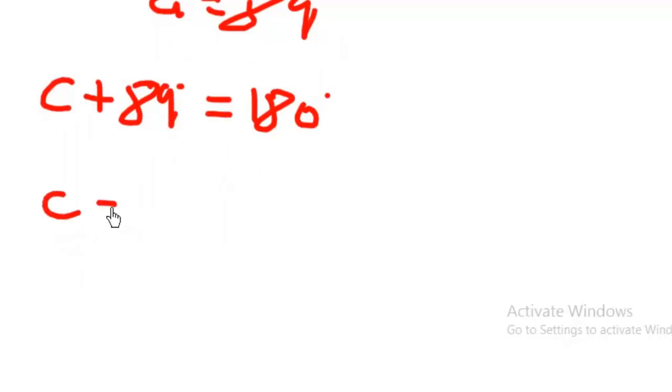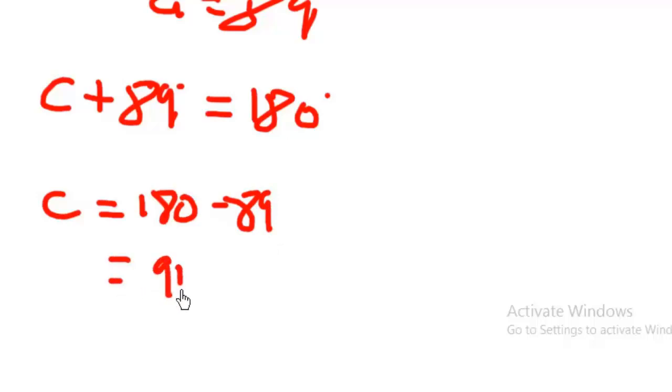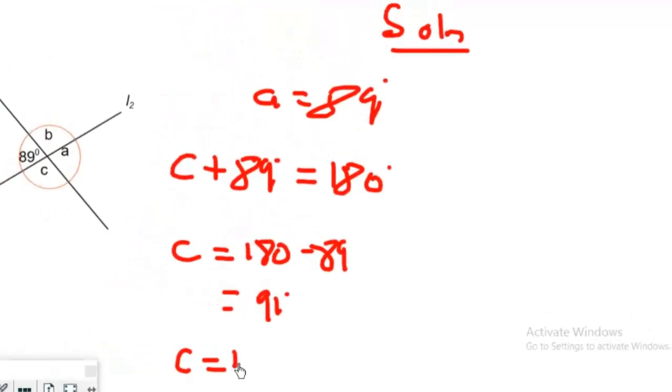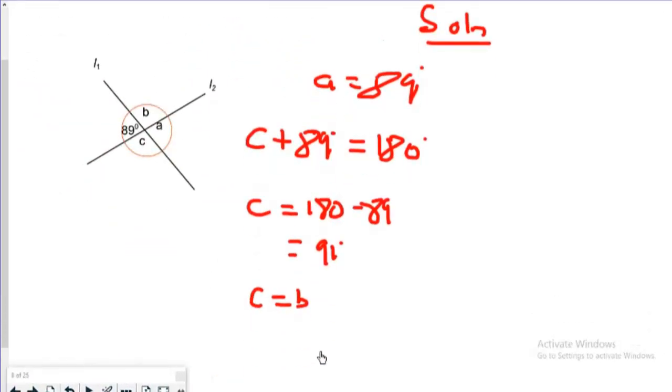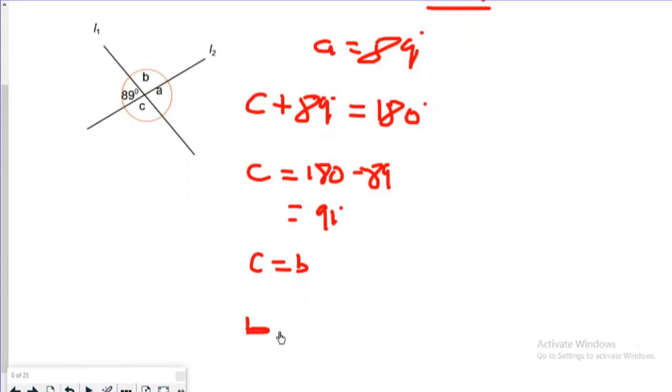So C will be equal to 180 minus 89. And I think this will give me 91 degrees. So if C is equal to 91 degrees, C is equal to B, because they are vertically opposite angles. Hence, my B is also equal to 91 degrees.